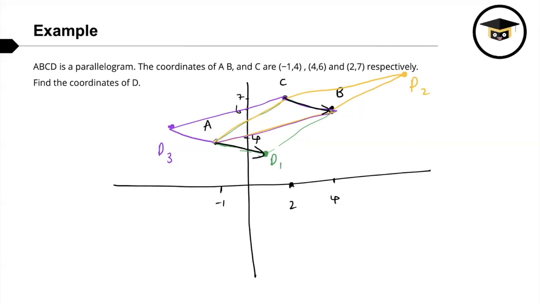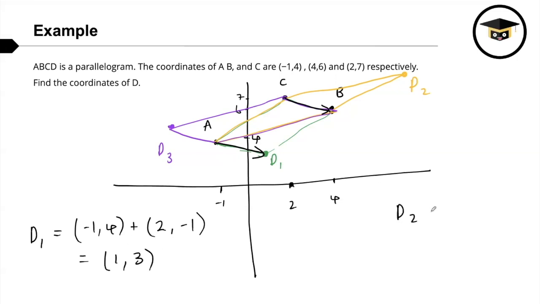So that's what we're going to do to point A. So to get D1, we're going to get point A, which was -1, 4, and we're going to plus two X units and -1 Y units because we're going down. And so that's going to equal 1 and 3.